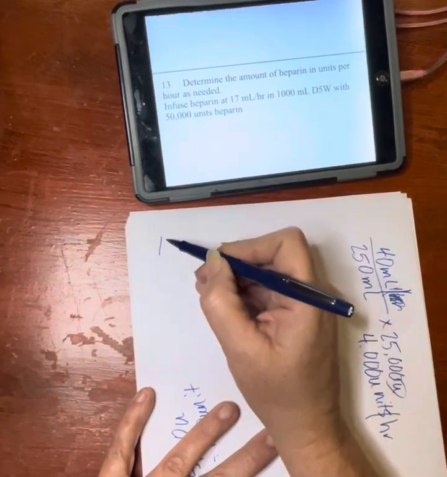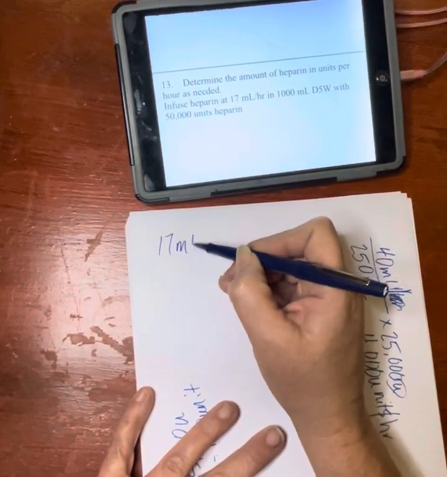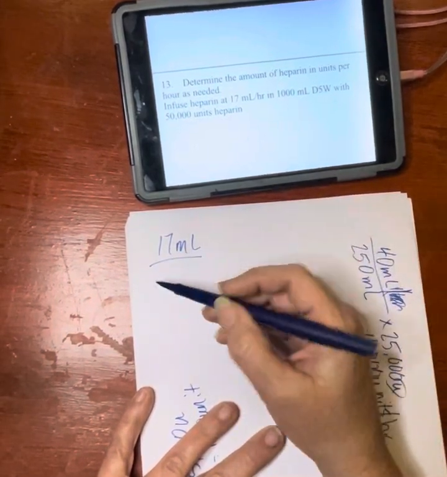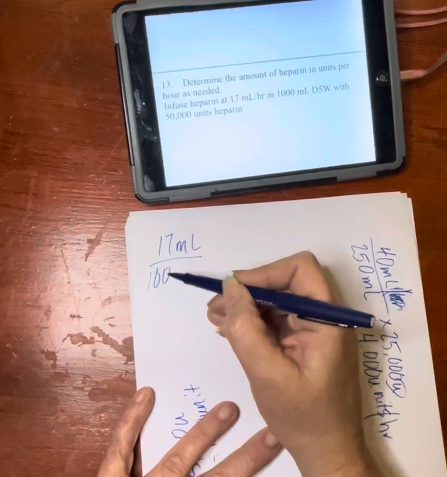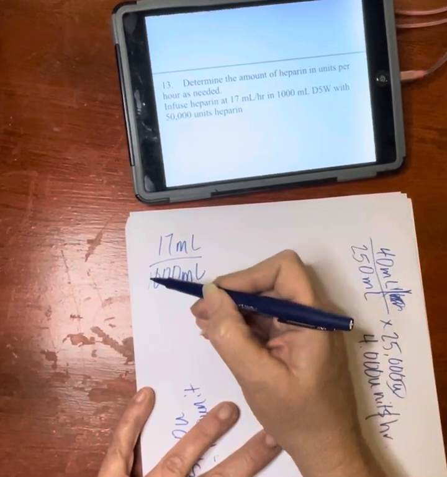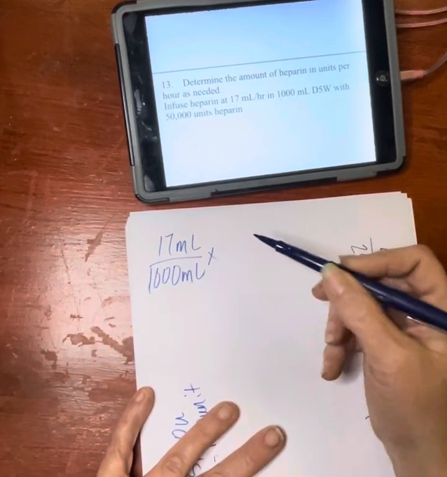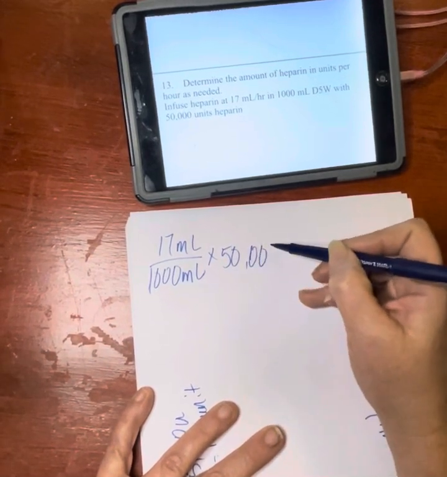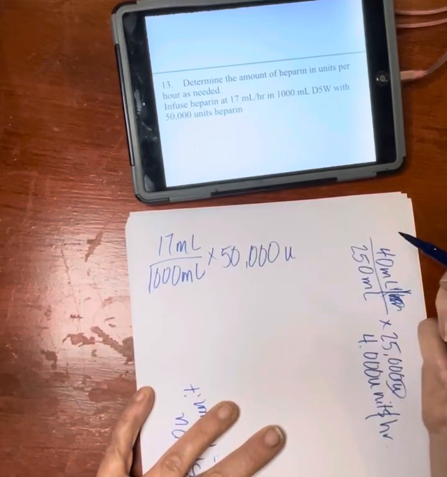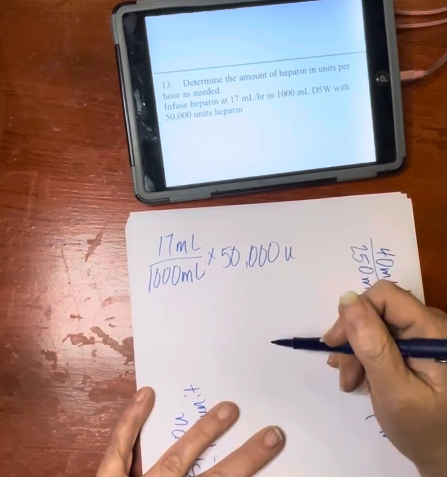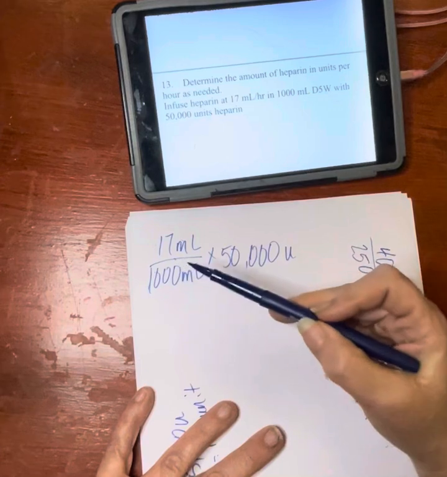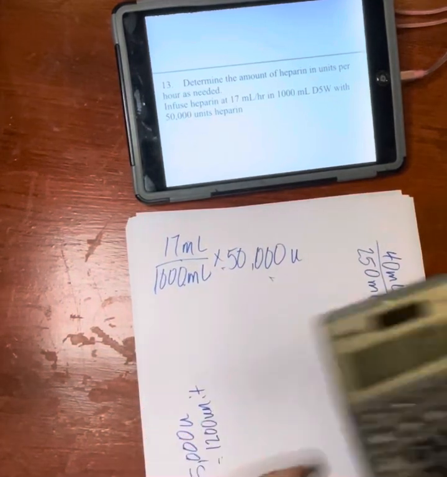He's praying to God it's going to be going in at 17 milliliters an hour. And what I have that matches milliliters is 1,000 of them. We milliliter rich. Times 50,000 units of heparin. And then we're going to do this math. That divided by that times that.